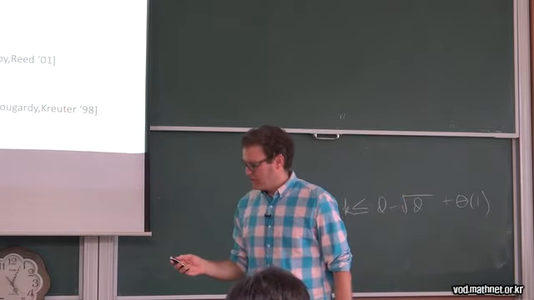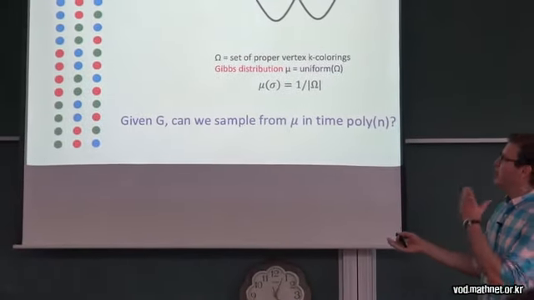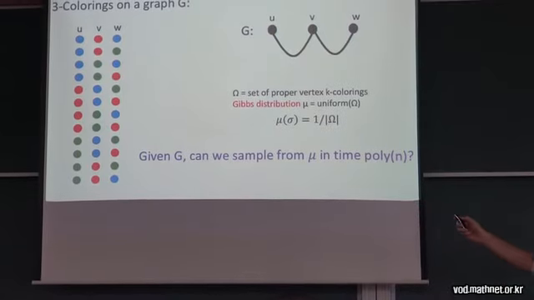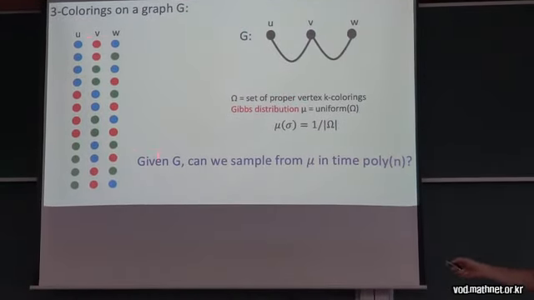Now, a natural question that you might ask, and that I've done a lot of work on, is if I give you the graph, can I sample from this space of colorings, uniformly at random, efficiently?